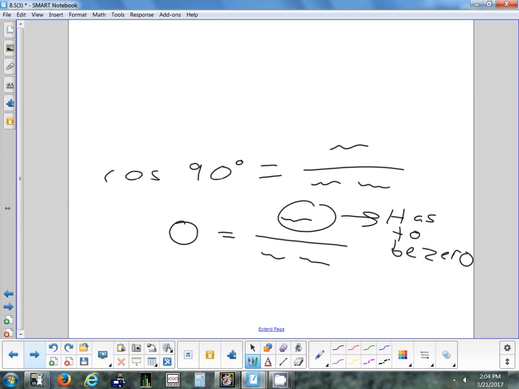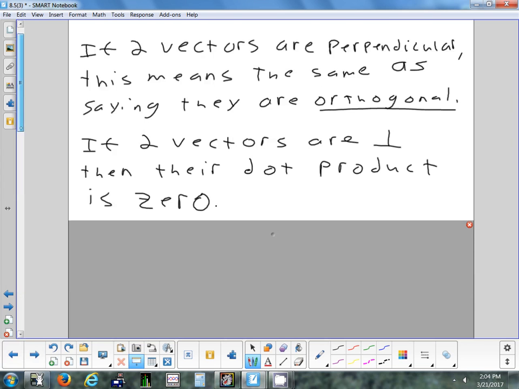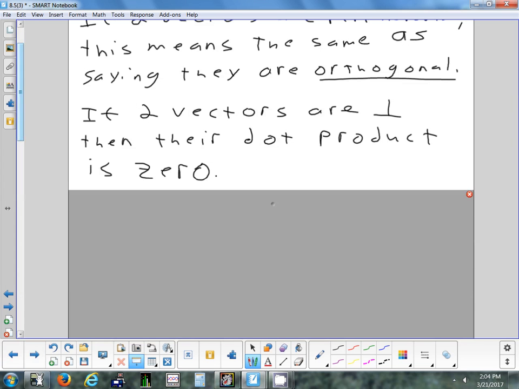Because if the dot product is 0, then 0 divided by anything would come out to 0. And if you take the inverse cosine of 0, you get 90. Okay, so if you have a yes or no type question, are the following vectors perpendicular or orthogonal? Just find the dot product. If it's 0, they are. If it's not, then they're not.